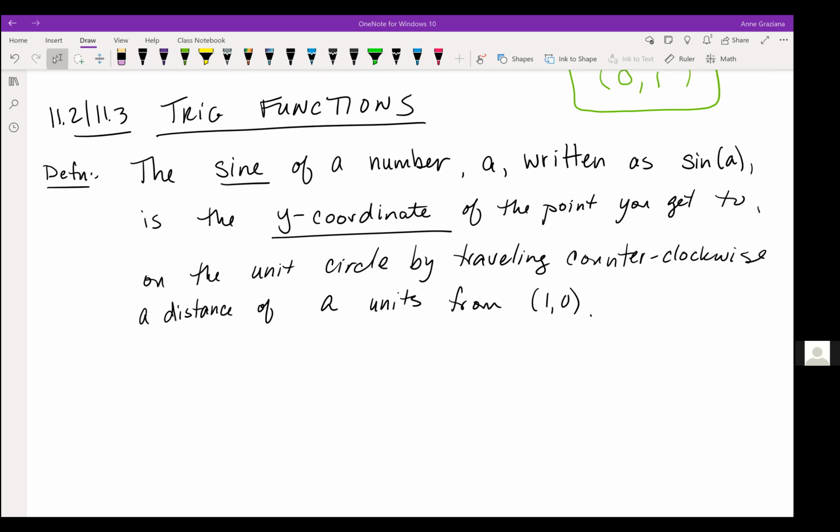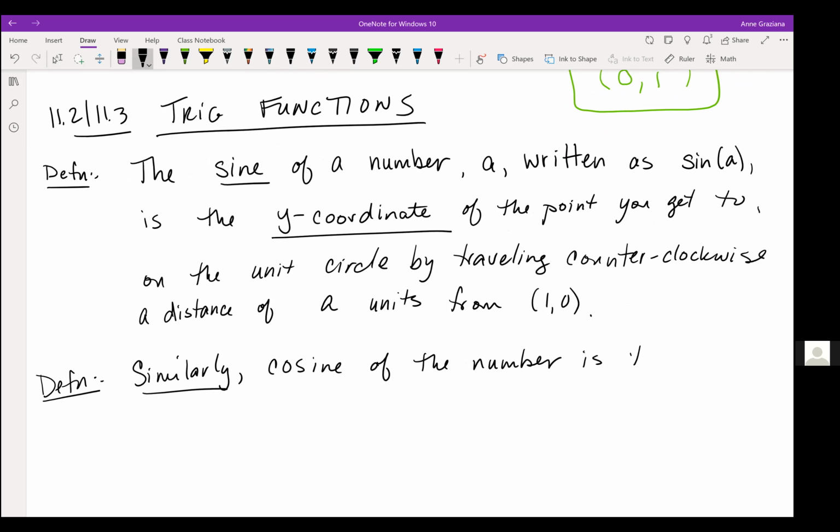Now, similarly, cosine of the number is the x coordinate you get to. Same process. Sine is y, cosine is x.